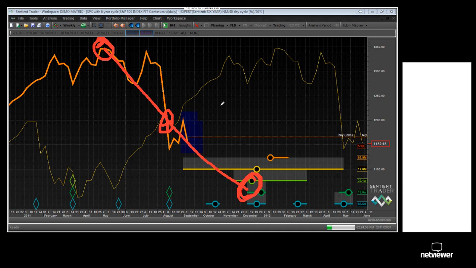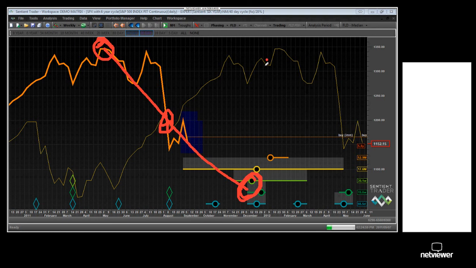Hurst said that you should use FLD lines to generate price level targets. In terms of the time it takes to reach the target, the FLD is not a very accurate measure. I certainly found when developing the software that that is true. Sentient Trader does use the time target as a very rough idea, but it uses more accurate ways of determining the time, which have to do with phasing.